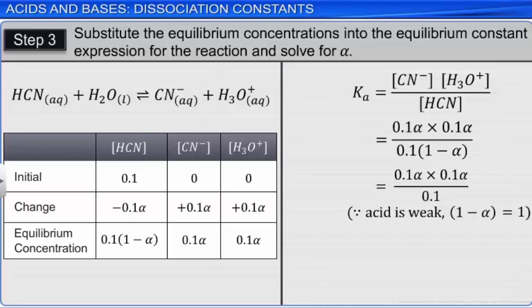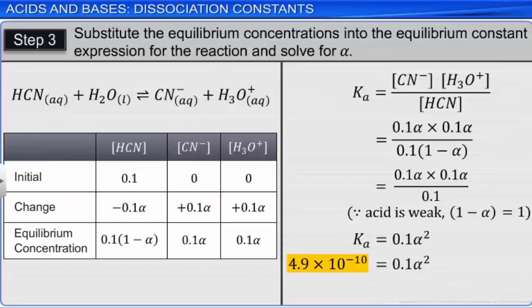Thus, Ka becomes equal to 0.1 alpha square. As the value of Ka for hydrocyanic acid is given as 4.9 multiplied by 10 raised to the power minus 10, we can write 4.9 multiplied by 10 raised to the power minus 10 is equal to 0.1 alpha square.